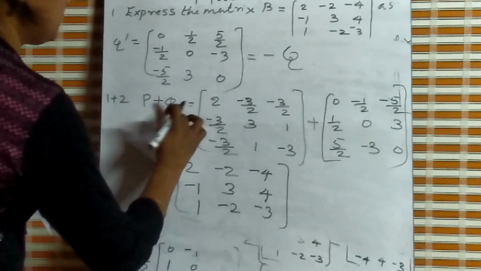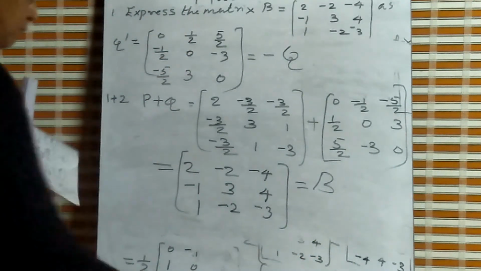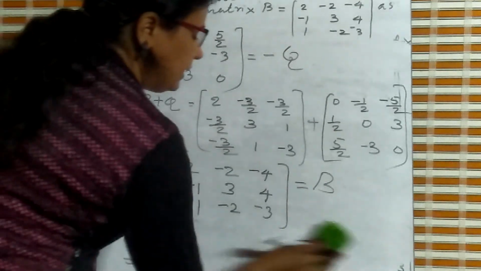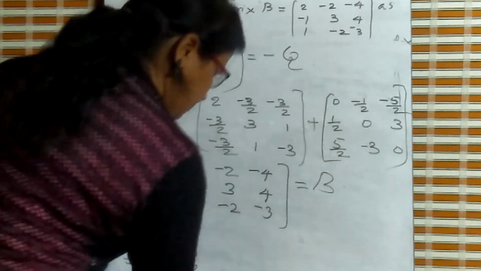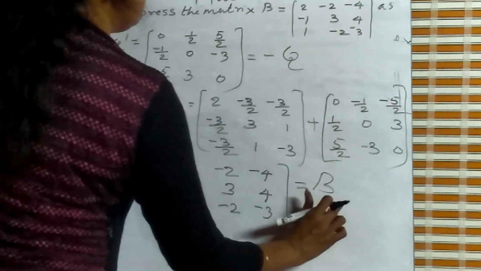This P plus Q is our given matrix B. Therefore, the sum of P and Q gives the given matrix.